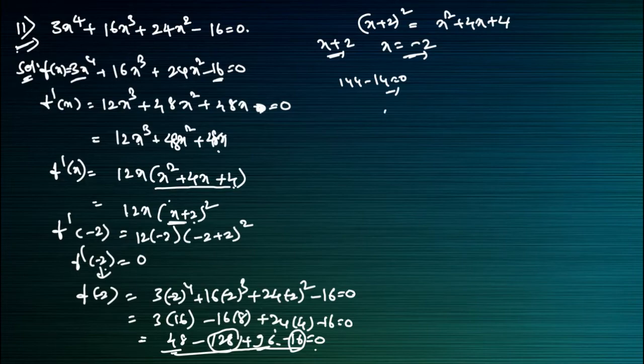So I will take the total equation using this method. The coefficients are 3, 16, 24, and minus 16.